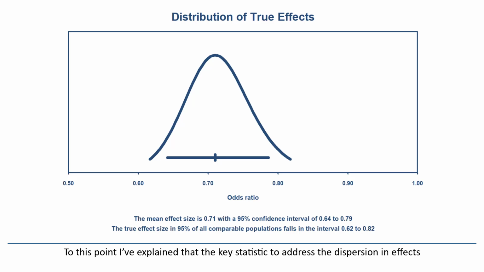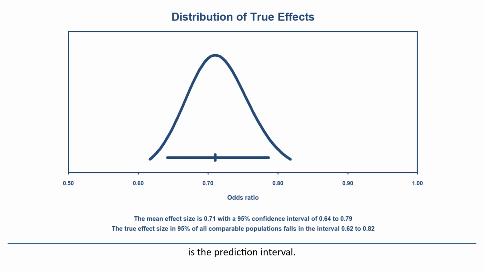At this point, I've explained that the key statistic to address the dispersion in effects is the prediction interval. What about the other statistics? What do the p-value, I-squared, and tau squared tell us? Later in this video, when I explain how to report the results of a meta-analysis, I provide a one-sentence description of each.